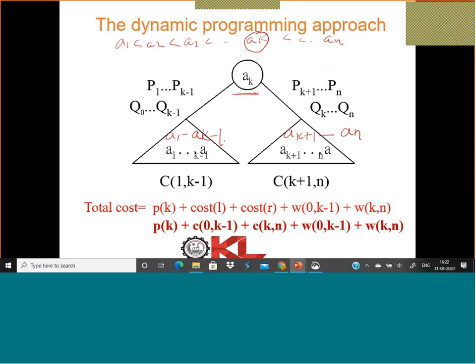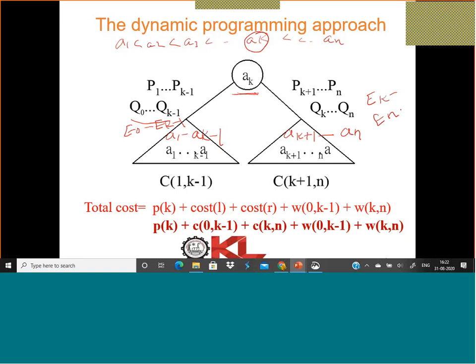Not only the key elements, the virtual nodes are also divided into two parts. That is E0 to E of K minus 1, the virtual nodes in the left subtree. The right subtree contains E of K to E of N.